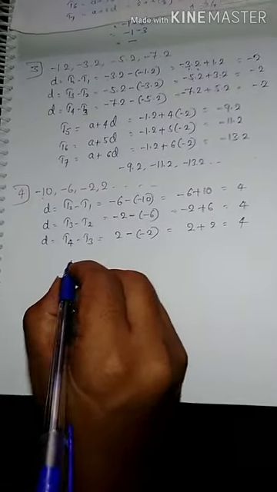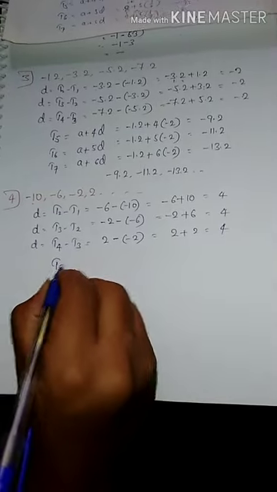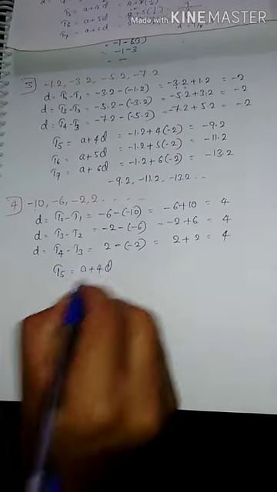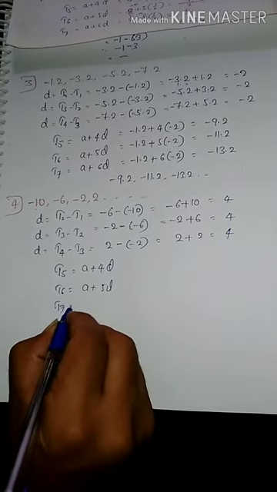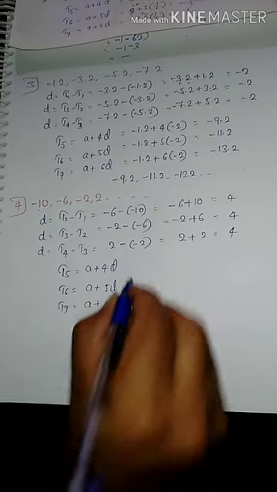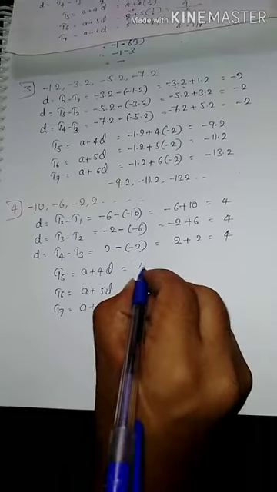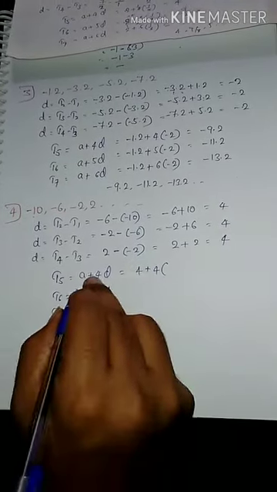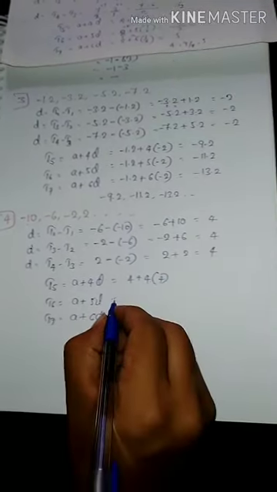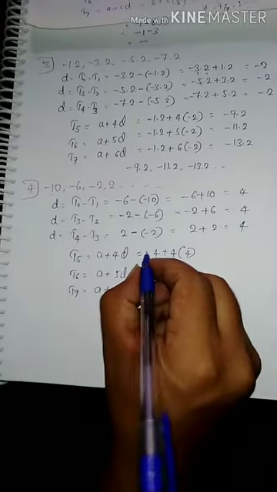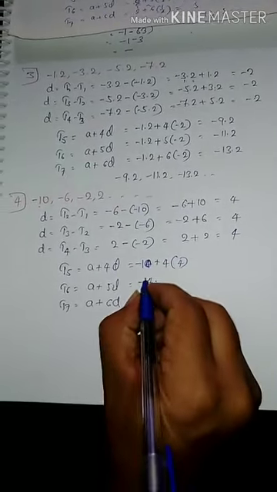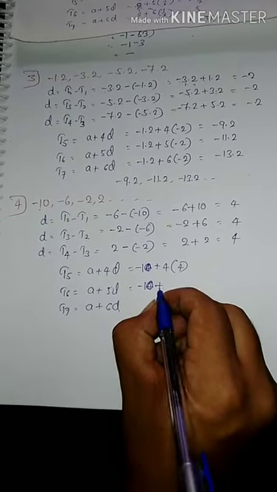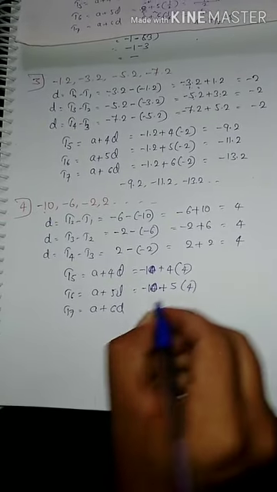So the next three terms of an arithmetic progression are T5 is equal to A plus 4D, T6 is equal to A plus 5D, and T7 is equal to A plus 6D. A is minus 10 and D is 4. Minus 10 plus 4 into 4 is minus 10 plus 16, which is 6. Minus 10 plus 5 into 4 is minus 10 plus 20, which is 10.